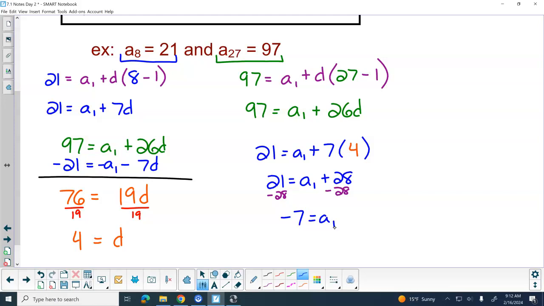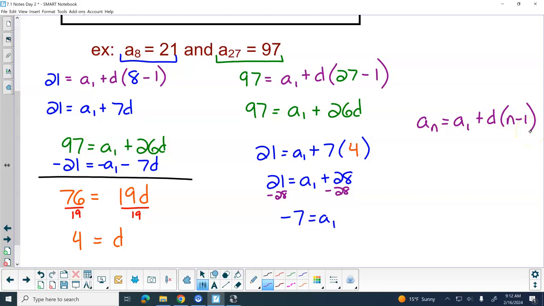Okay. Now I can go back to my original rule.